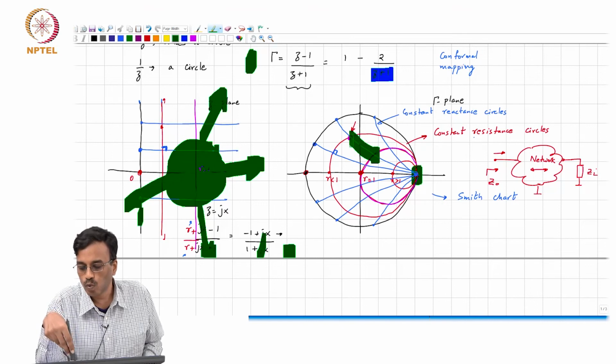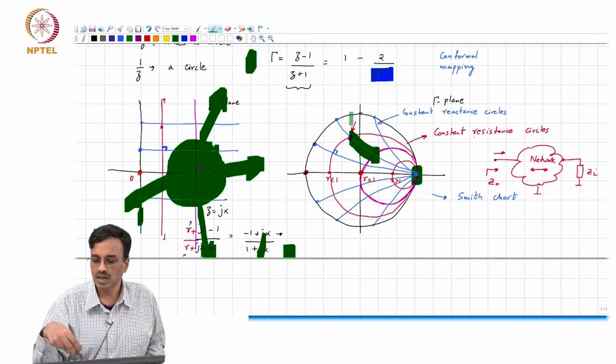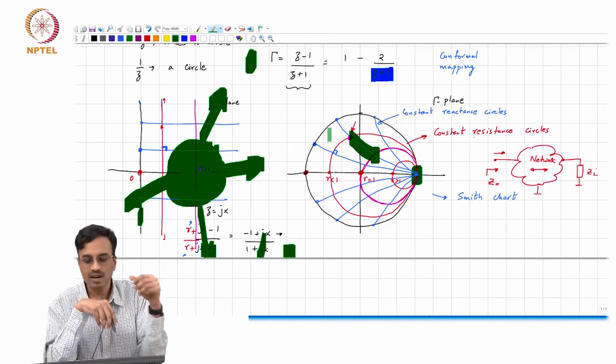So, what you would want to do, once you plot the impedance chart, you can also figure out what the constant admittance circles are, right.